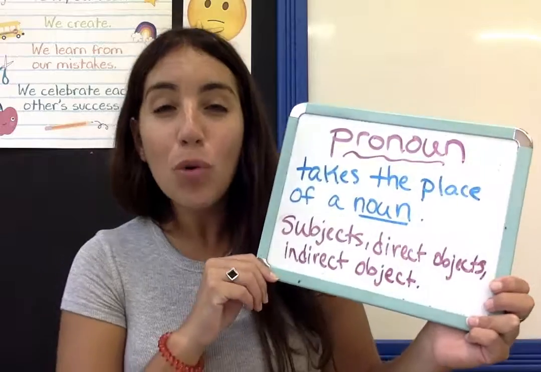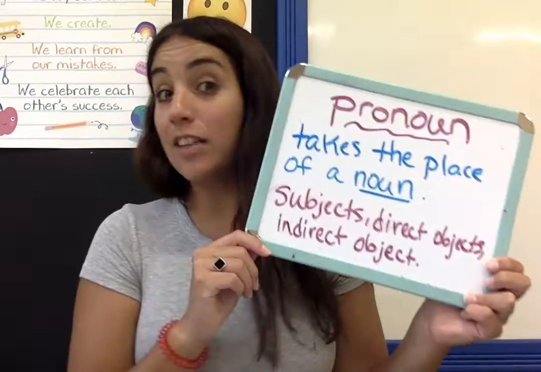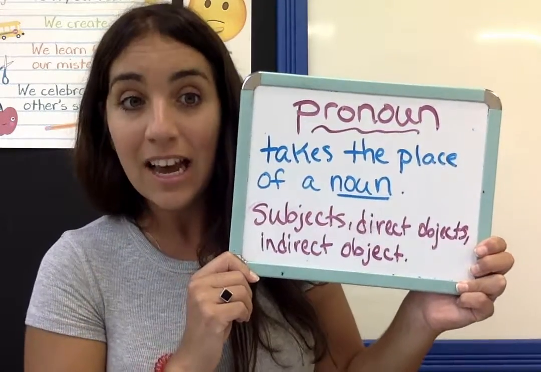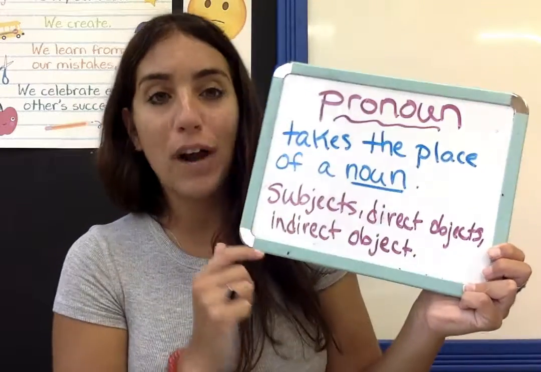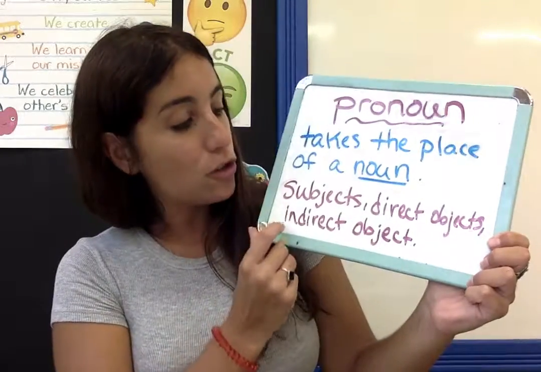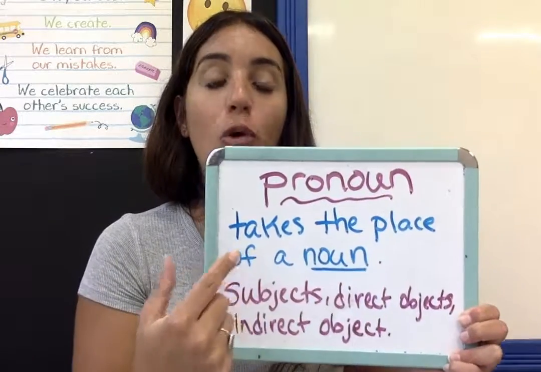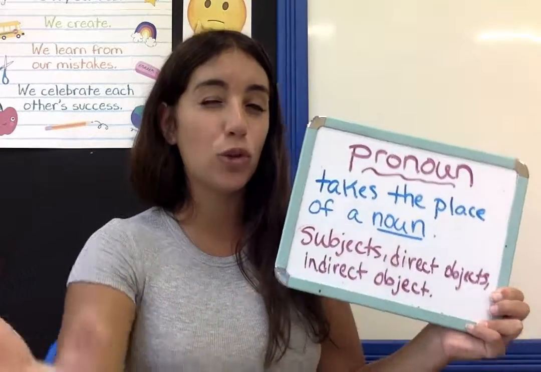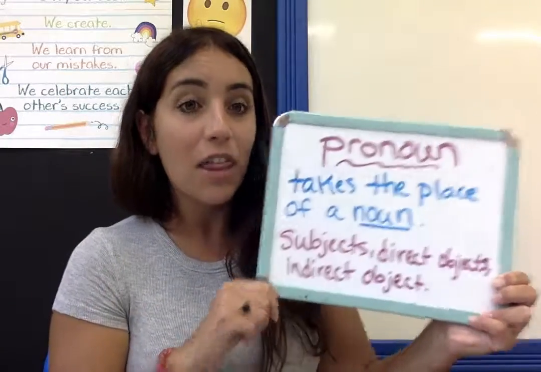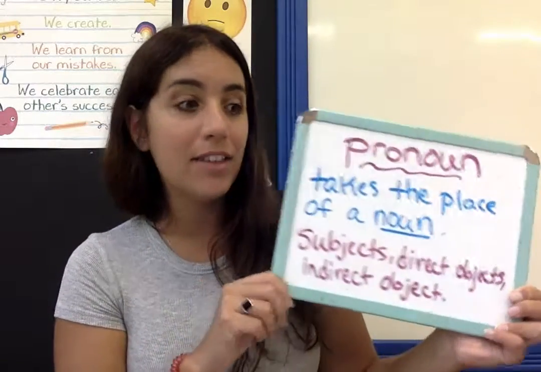A pronoun can be a subject in a sentence. It can also be a direct object. It can also be an indirect object. But a pronoun is going to replace the noun in the sentence.